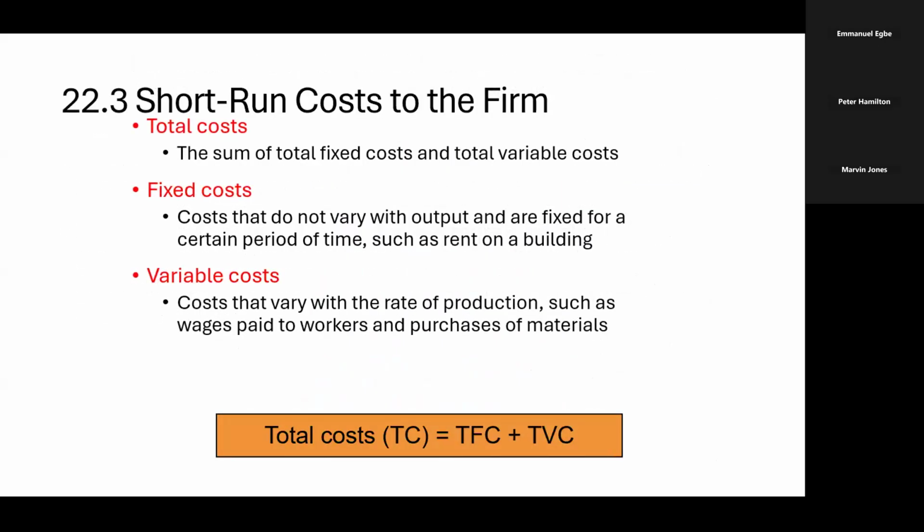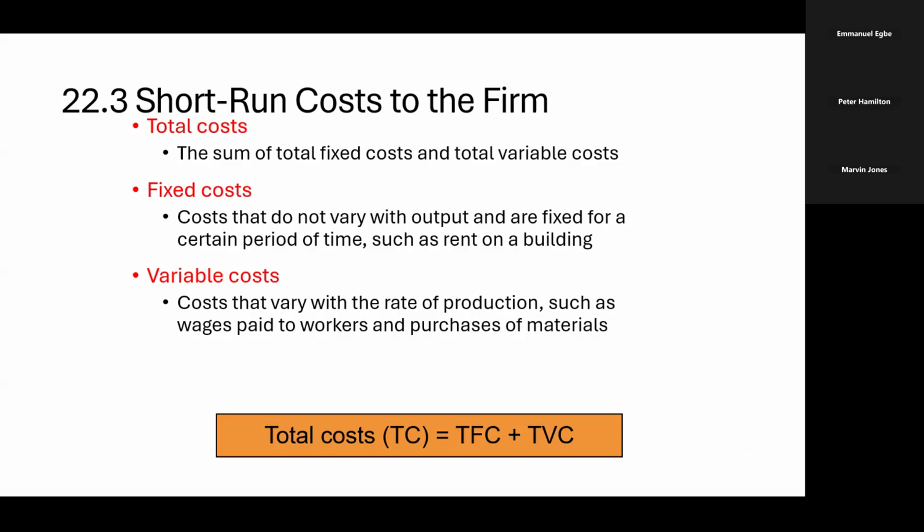All right. So in the short run, there are total costs, there are fixed costs, and there are variable costs. And so total cost is total fixed cost plus total variable cost. The fixed cost is fixed, and in short run, each additional output you make diminishes your average fixed cost.